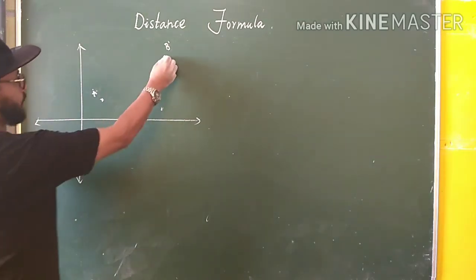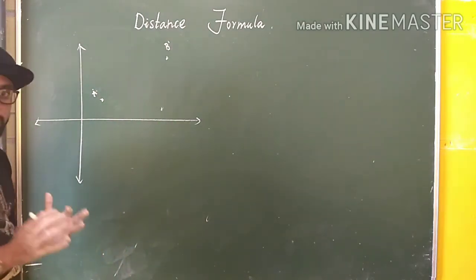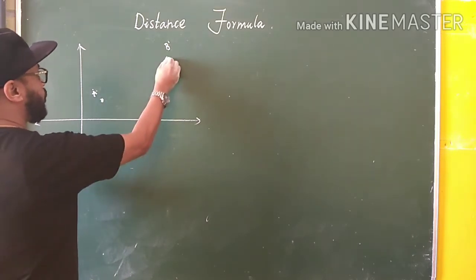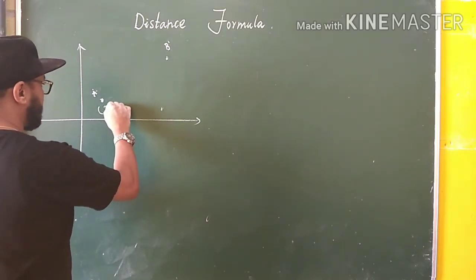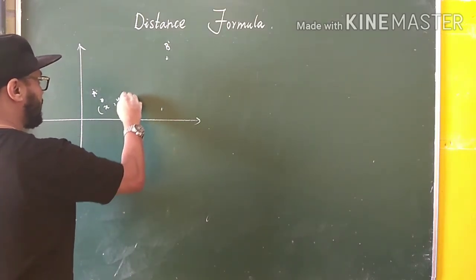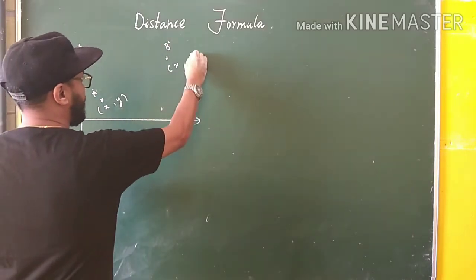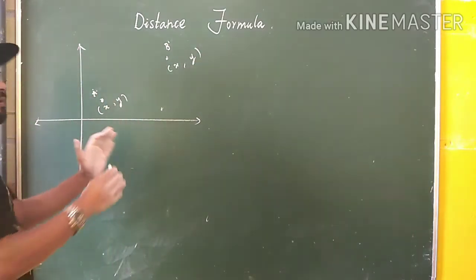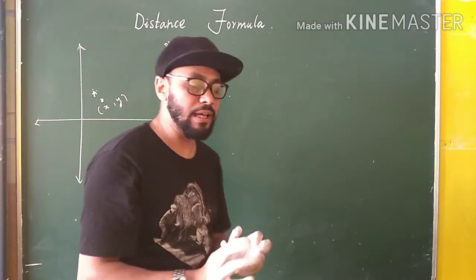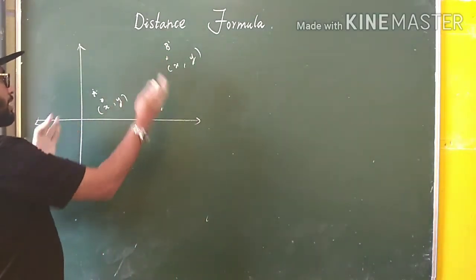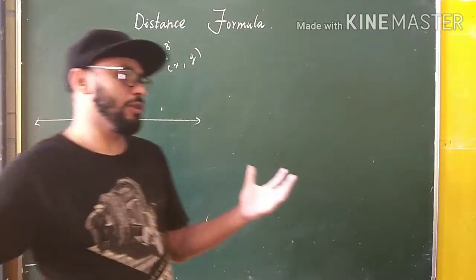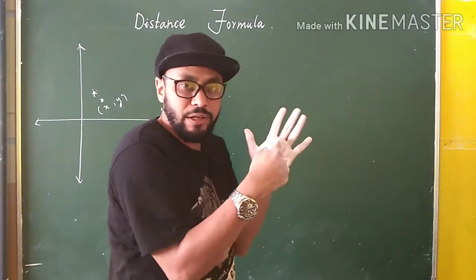Here we are finding the distance by using coordinate geometry. We get infinite points on this Cartesian plane, and each point has a coordinate. Let's take this point as x, y and here also x, y. But both these coordinates cannot be the same. All the coordinates are different, unless all the infinite points lie on the same point, which is not possible.